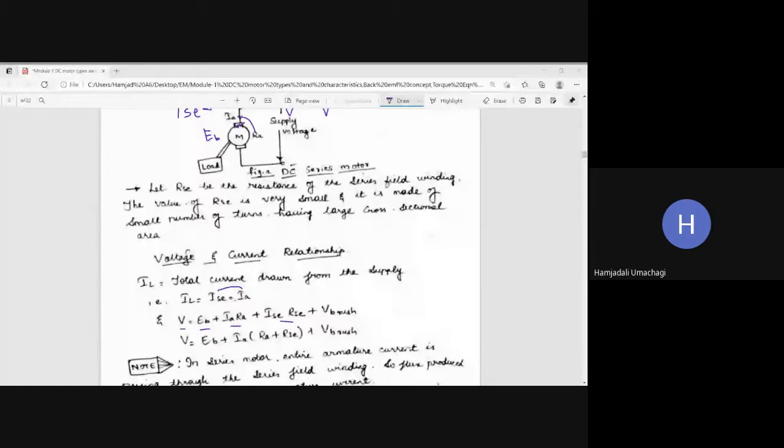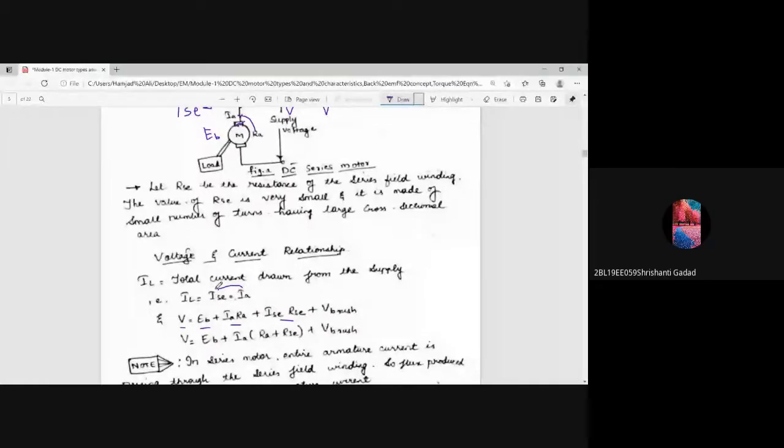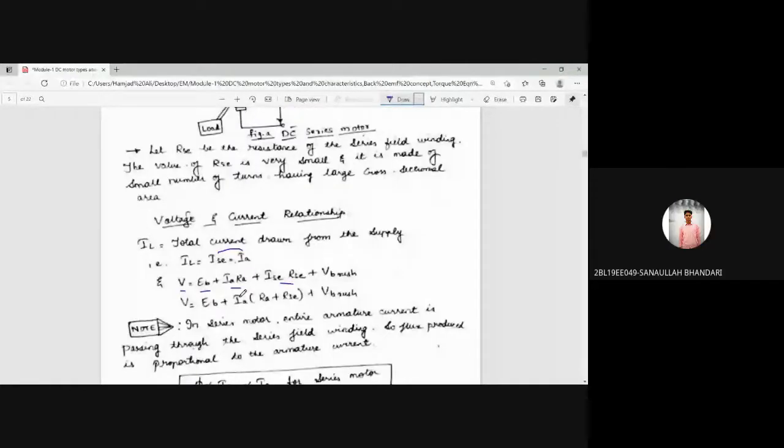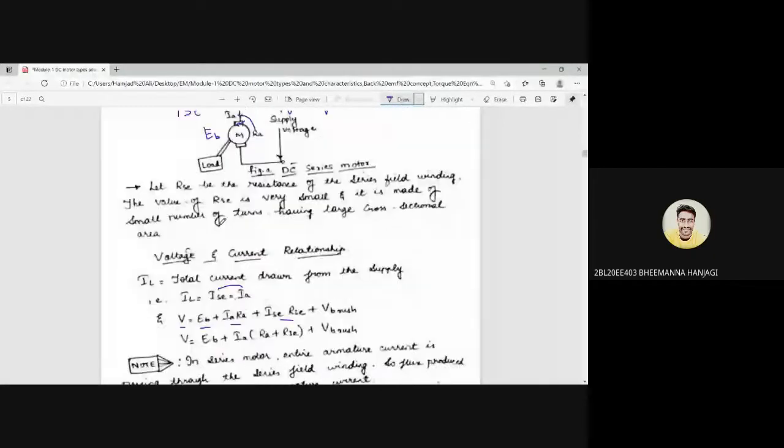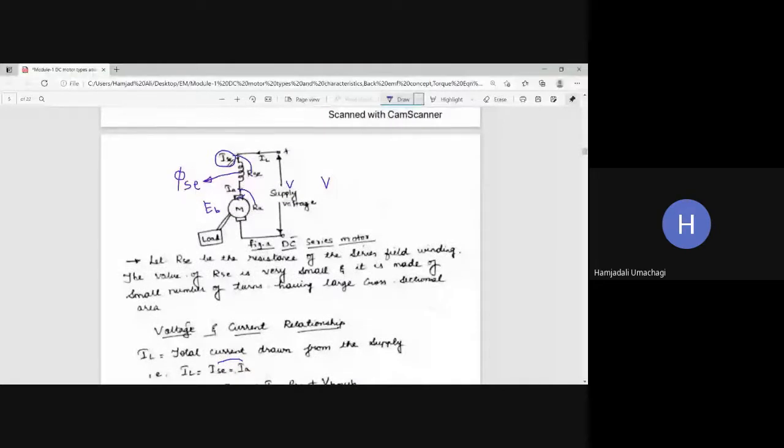So what is the Isc value here? If you check this current equation, Isc is equal to Ia. No, I am asking simply the current equation. If you check this armature circuit diagram, armature current is equal to Isc because it is series in nature.